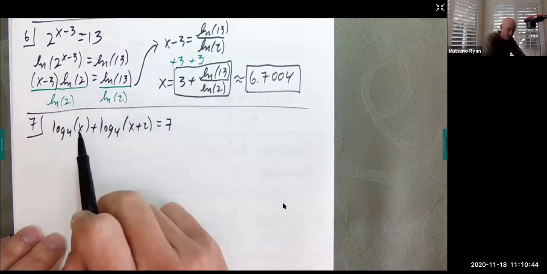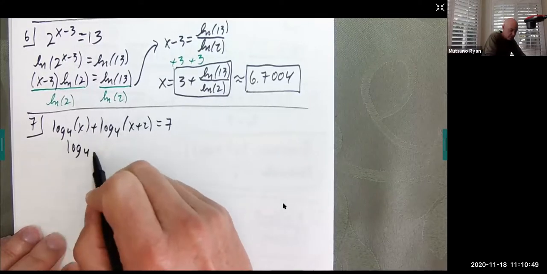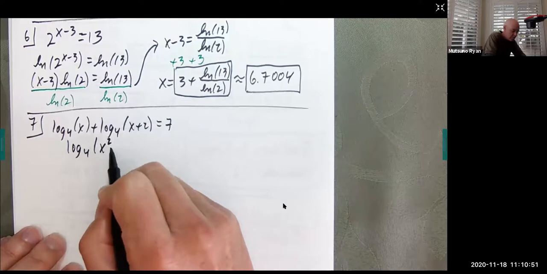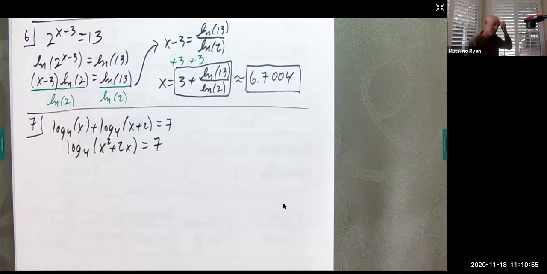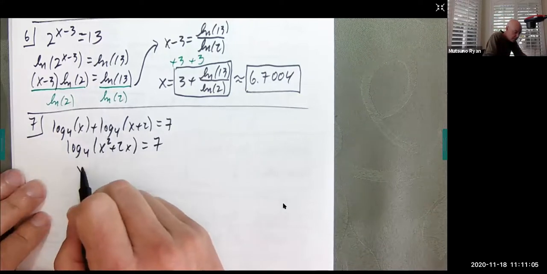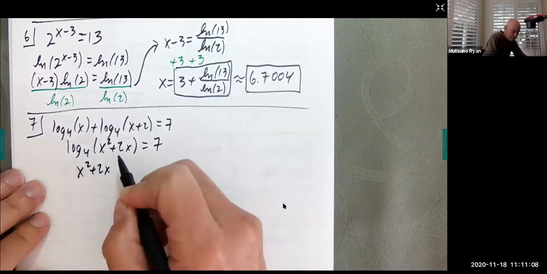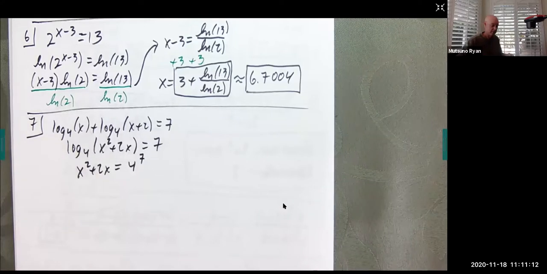So I'm going to take that x and multiply it to the x plus 2. And now I'm going to change it from logarithmic form into exponential form. Here we are. 4 to the 7th power. That is a crazy big number.